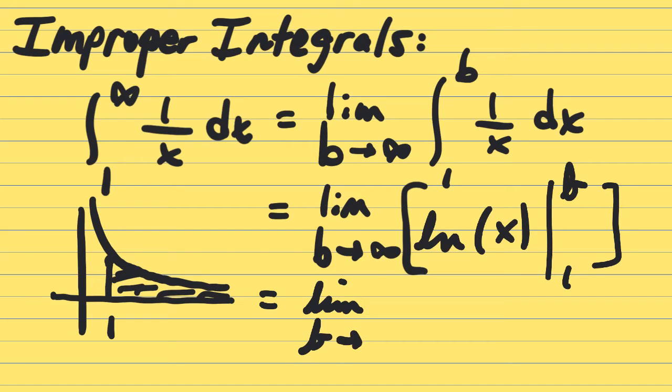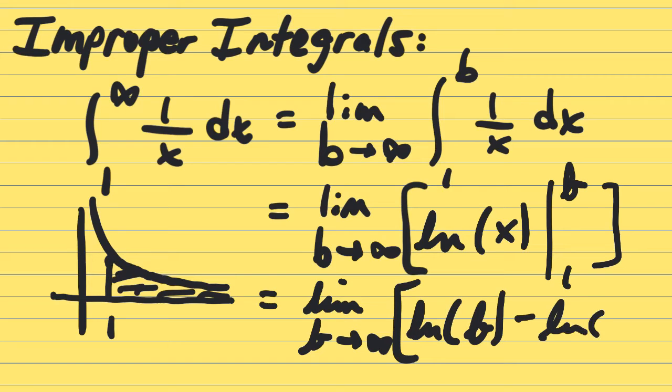Okay, so limit as b approaches infinity of natural log of b minus natural log of 1. Do you remember what the natural log of 1 is? That's right, it's 0.